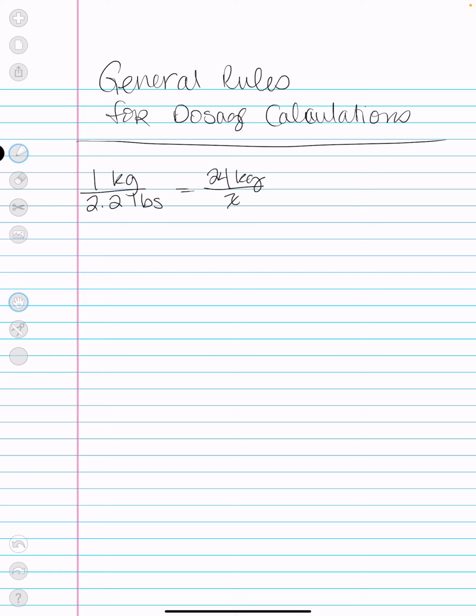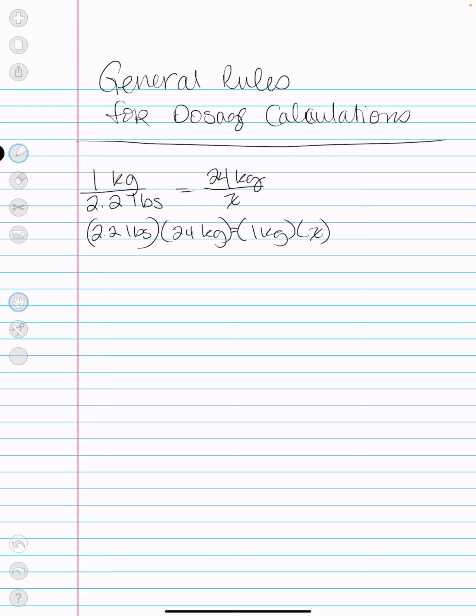So what you're doing is you're really just trying to find X. You can do my around the world method, but really it's just cross multiplication. So you'd say 2.2 pounds times 24 kilograms is equal to 1 kilogram times X.